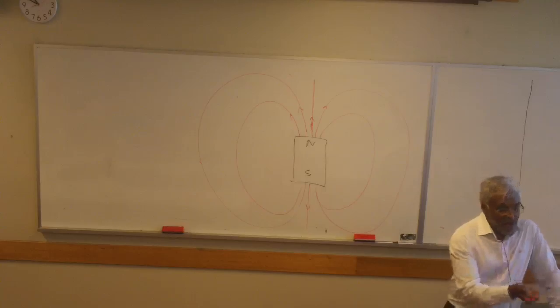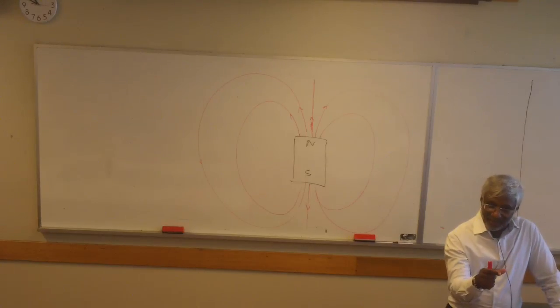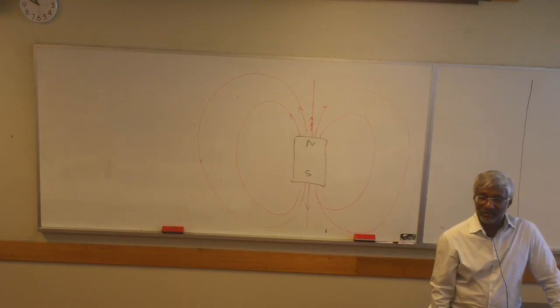But there's another discovery that people made. You could have a permanent magnet, but what's the other magnet you can have, apart from a permanent magnet?